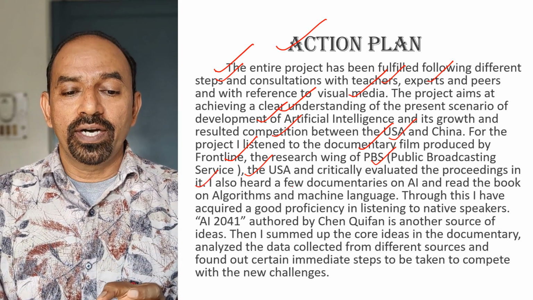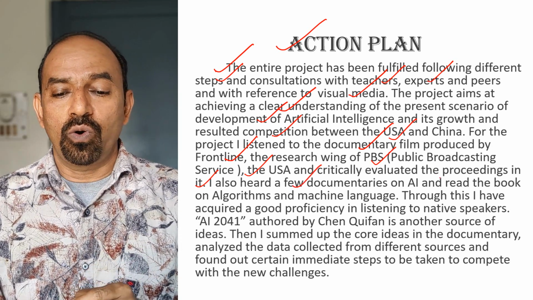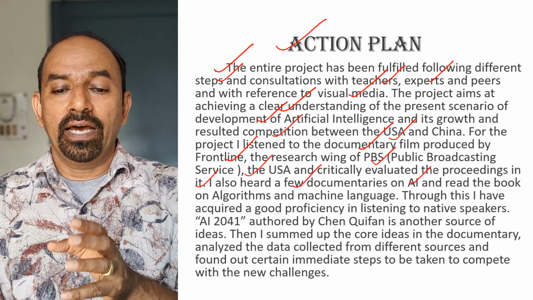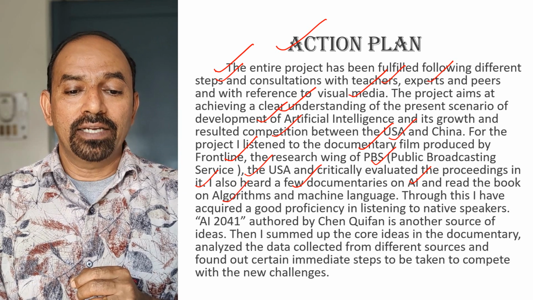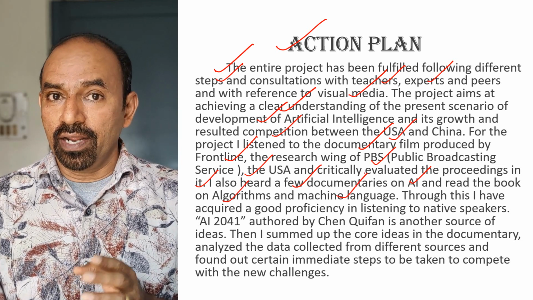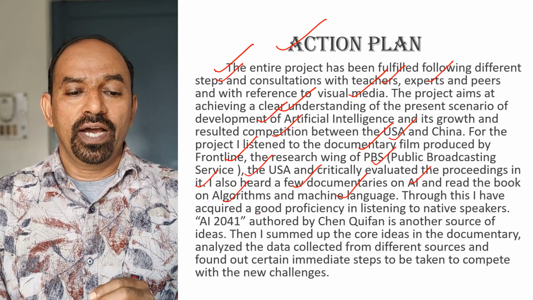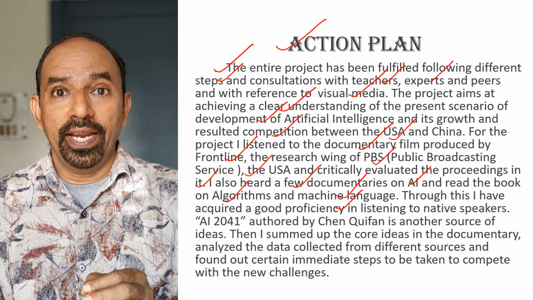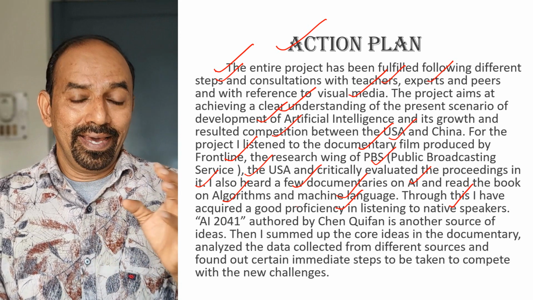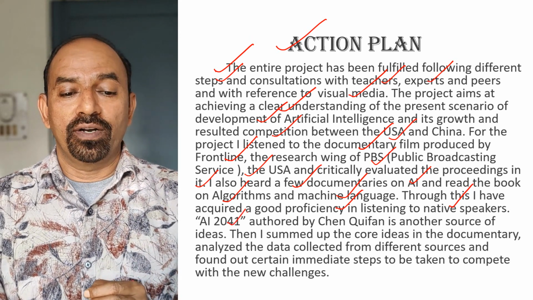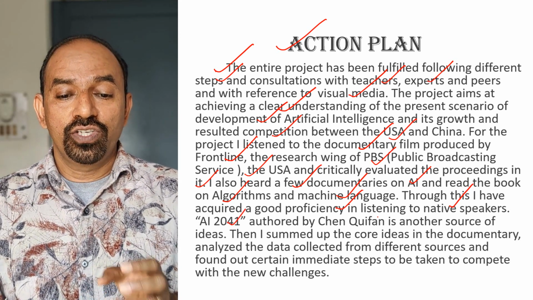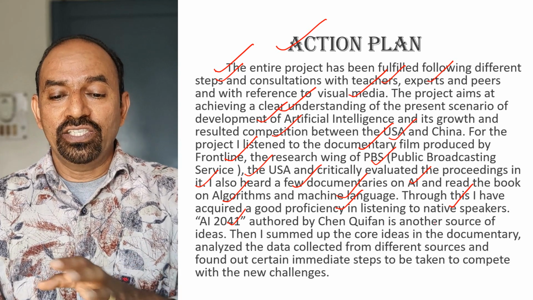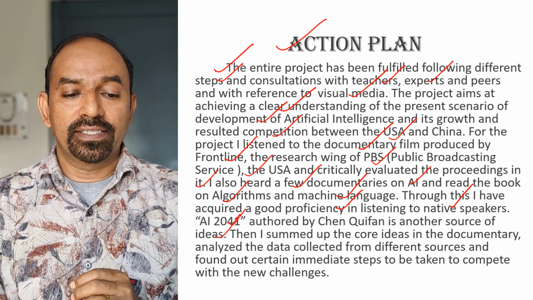I also heard a few documentaries on AI and read the book on algorithms and machine language. Through this, I have acquired a good proficiency in listening to native speakers. AI 2041, authored by Chen Qufan, is another source of ideas.